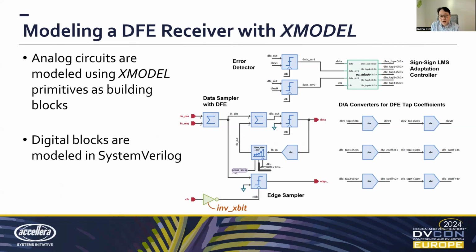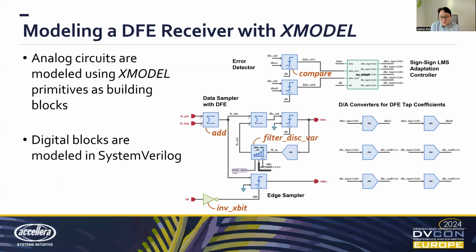Here we see a variety of XMODEL primitives. For example, you see an add primitive that first computes the differential component of the input, and is also used when you subtract the post-cursor ISI reconstructed by the DFE. You also have the compare primitive, which acts as a clocked comparator that samples the two analog inputs and detects the polarity of their difference.